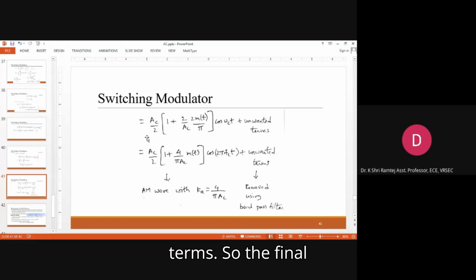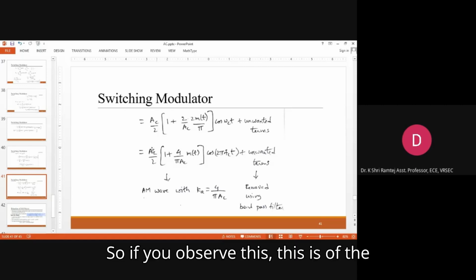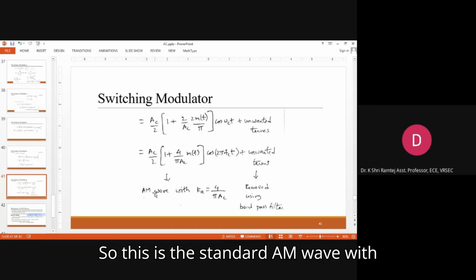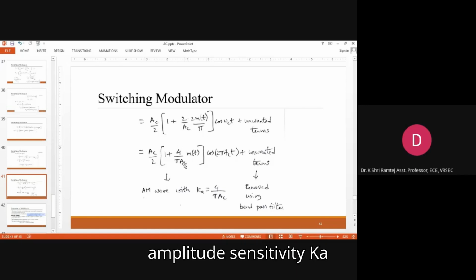So the final equation will be Ac by 2 into 1 plus 4 by pi Ac m of t, into cos 2 pi fct, plus unwanted terms. If we observe this, it is of the form Ac into 1 plus Ka m of t, cos 2 pi fct. So this is the standard AM wave with amplitude sensitivity Ka equal to 4 by pi Ac.